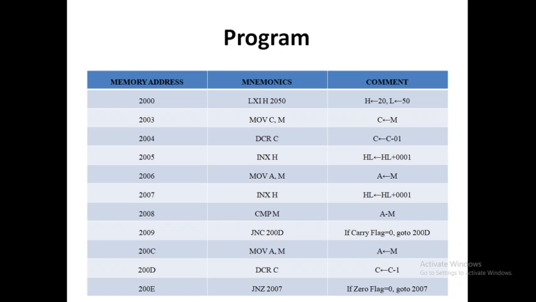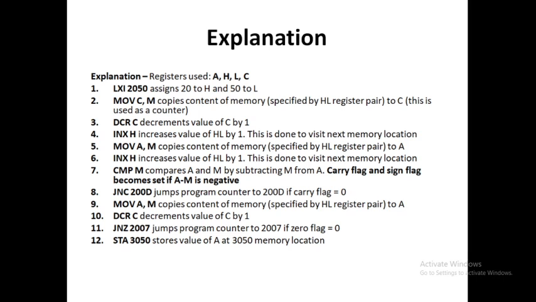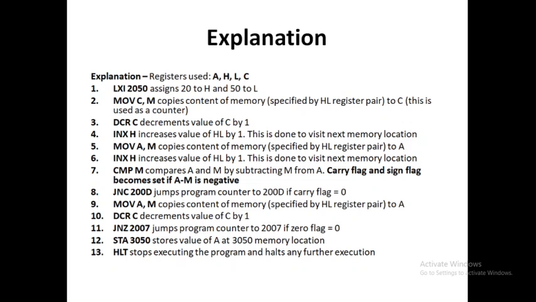If it becomes 0, it goes out of the loop and stores the accumulator value into 3050, and the next line is HLT, which halts the program and stops any further execution.